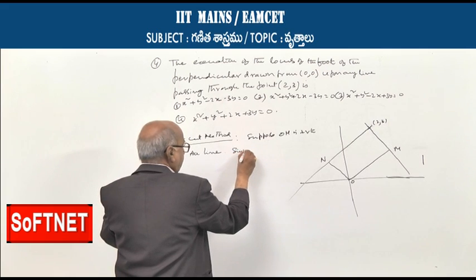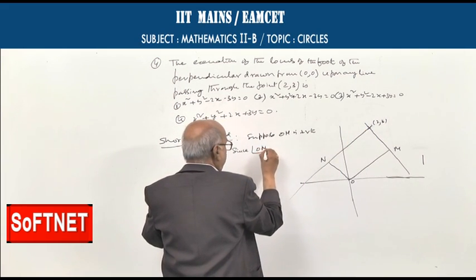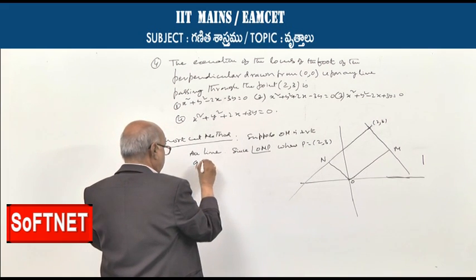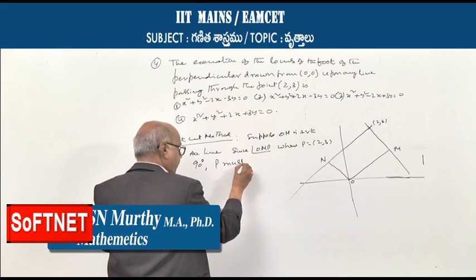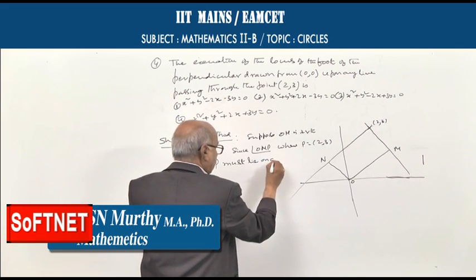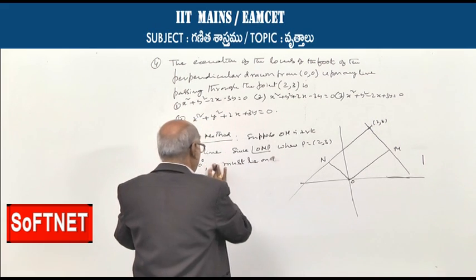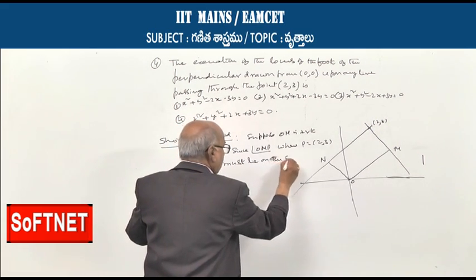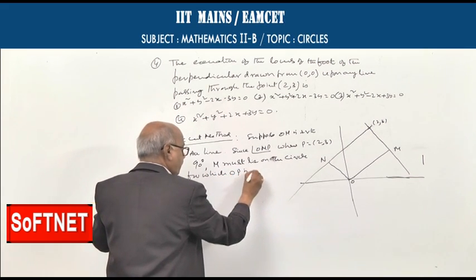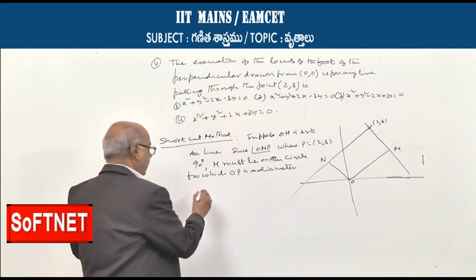So since angle OMP, where P is equal to (2, 3), is 90 degrees, M must lie on the circle for which OP is a diameter.